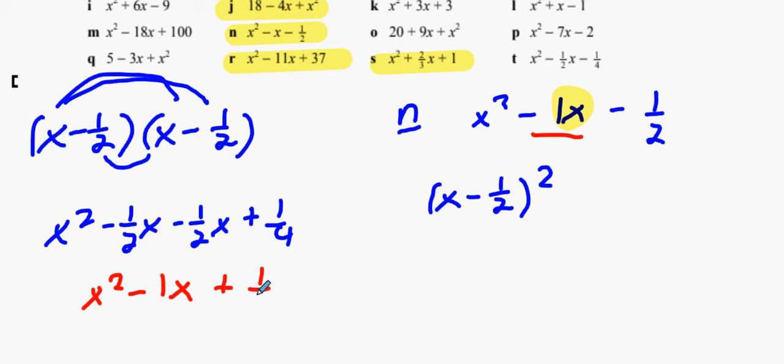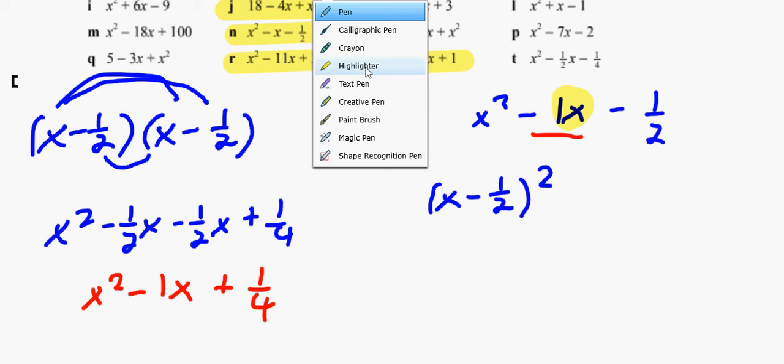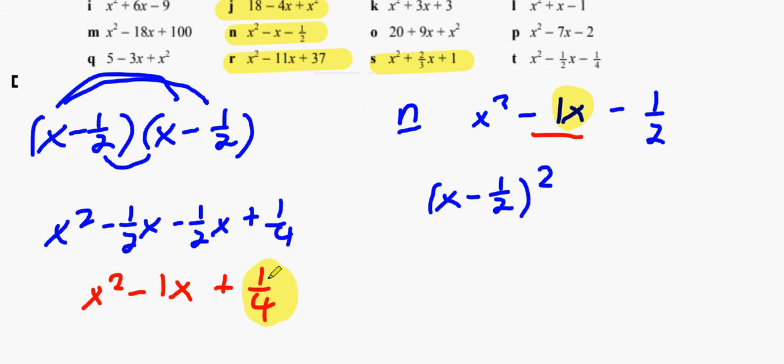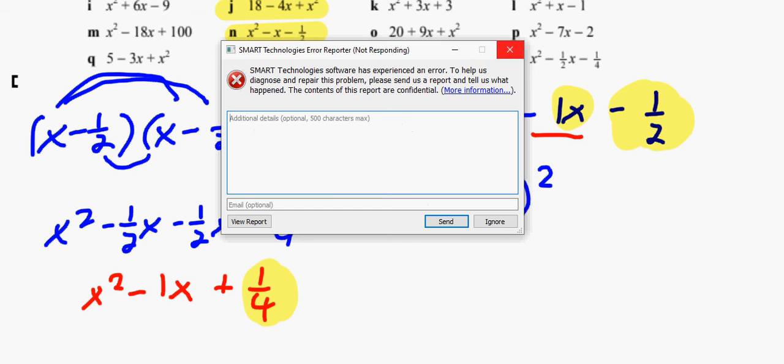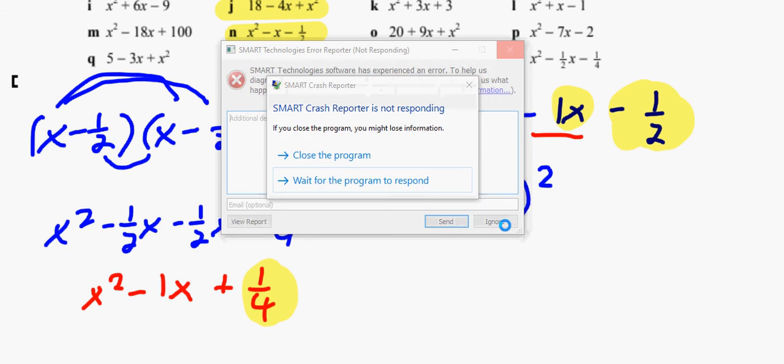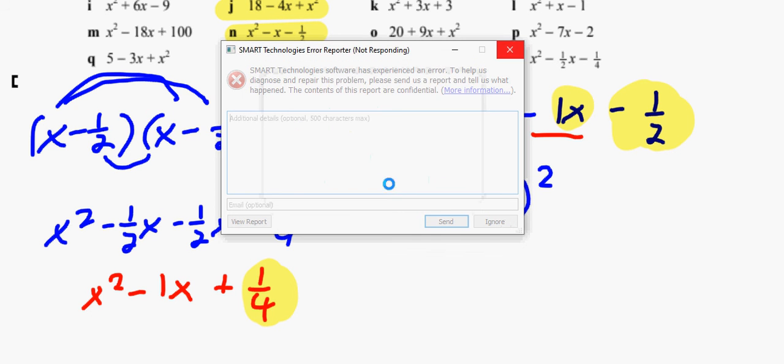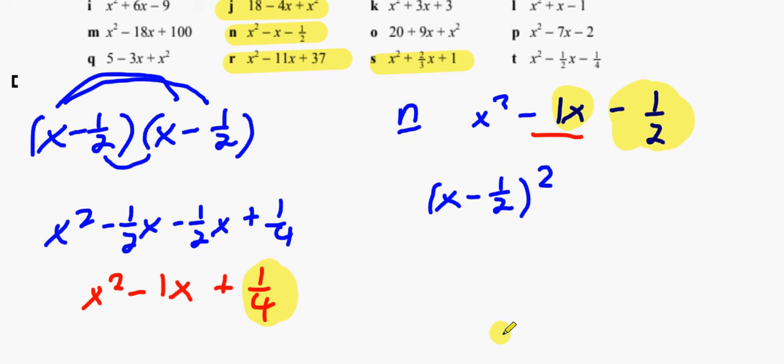Now here's the real problem, okay? We have plus a quarter, where we actually want minus a half. Anybody know how to rectify that situation? All right, in your calculator, here's what I want you to do. One of them's at a quarter, the other one's at minus a half.